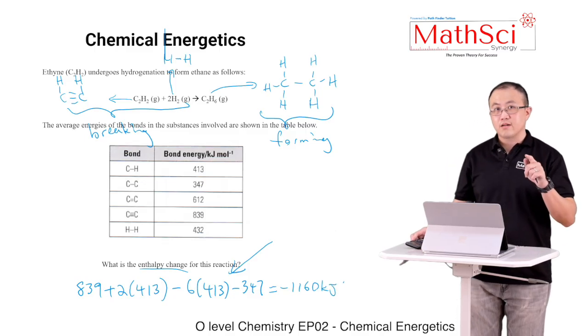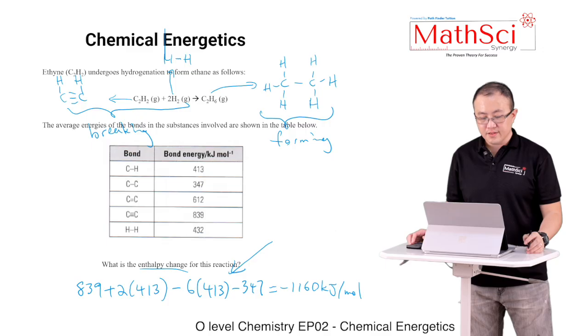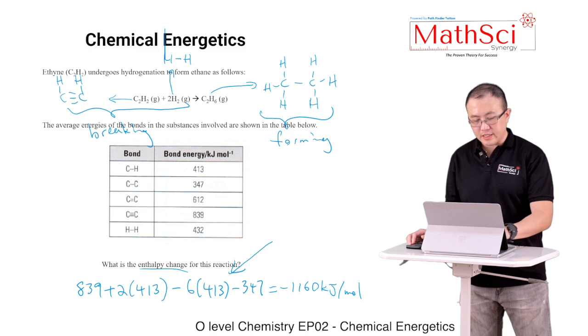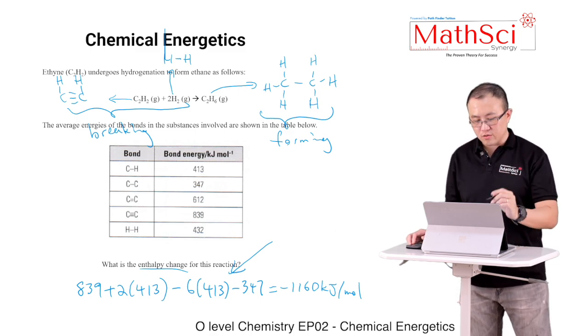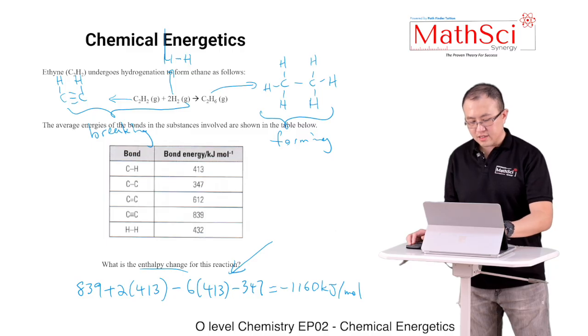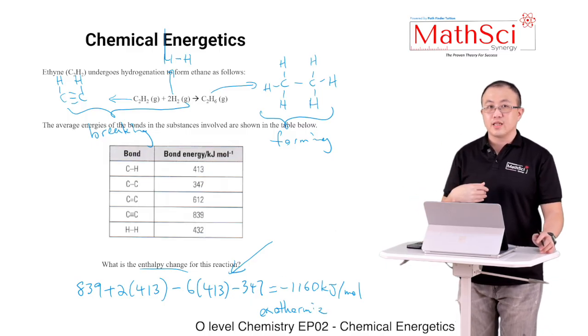Take note that this calculation is for every 1 mole of the substance, per mole. So this is the enthalpy change for this reaction. Because it's negative, this is overall exothermic. Why? Because negative means overall you give out more energy than you take in.